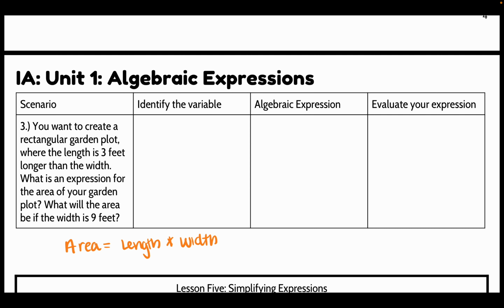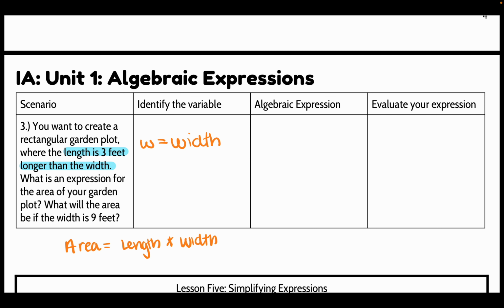And then in our problem, we know that the length is 3 feet longer than the width. So we don't know anything about width. So in this problem, our variable is width. That's what's changing. Okay, our expression.